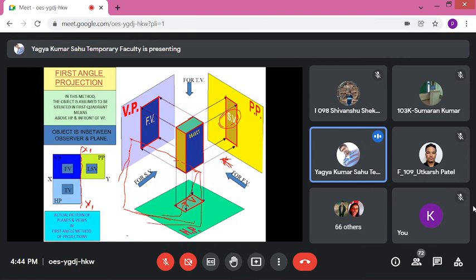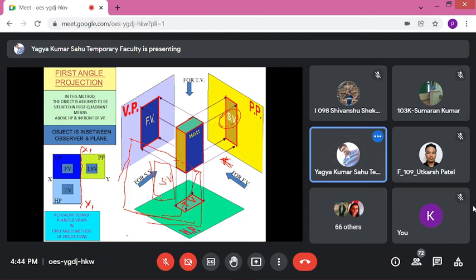If you draw the right hand side view, you will get an image like this, similar to the side view shown in the profile plane. Here also a side view will be formed.